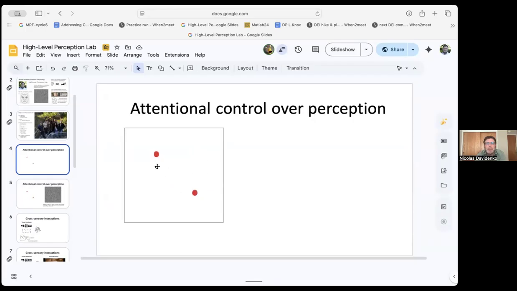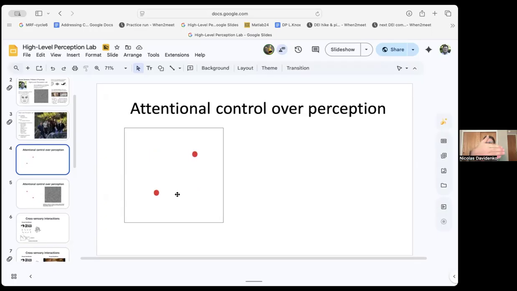Well, many of you are probably perceiving it as two red dots that are moving up and down. That's the most common way that people perceive this, but it's also equally possible that you perceive the two balls as moving left and right. So there's one ball at the top that's moving left and right, and another ball at the bottom that's moving left and right.